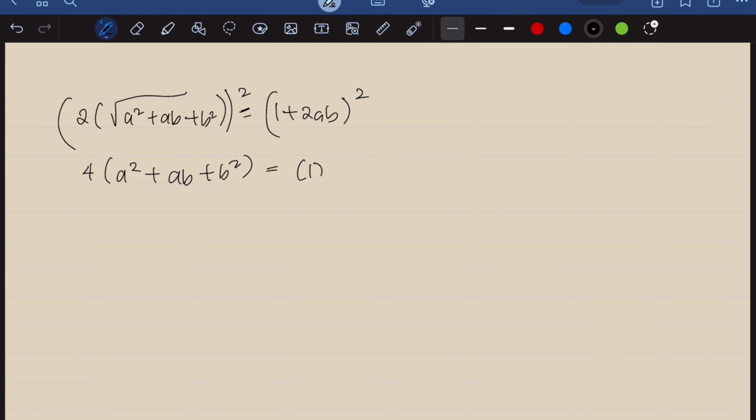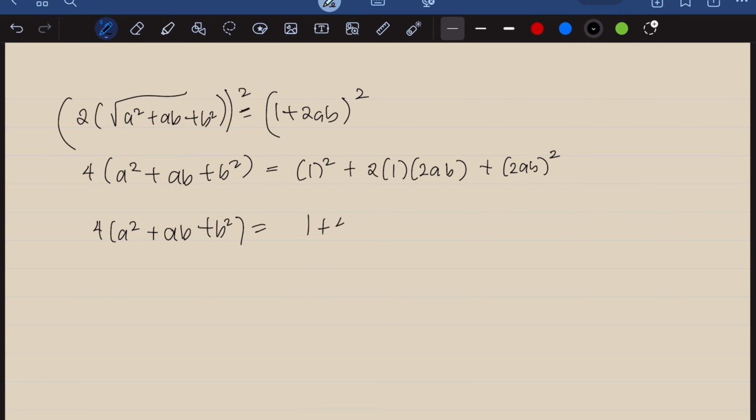So that's the square of the first term plus twice their product plus square of the last term. So we simplify the right side as 1 plus 4ab plus 4a squared b squared.